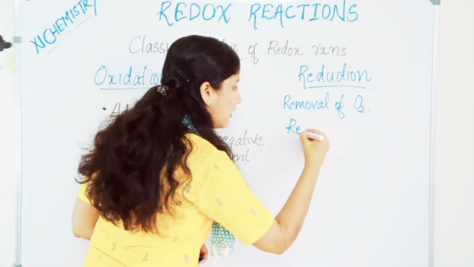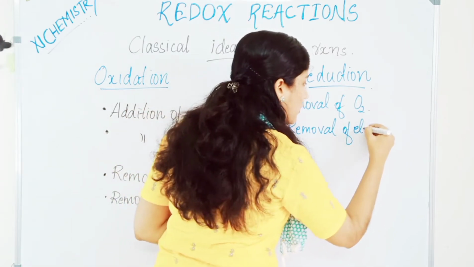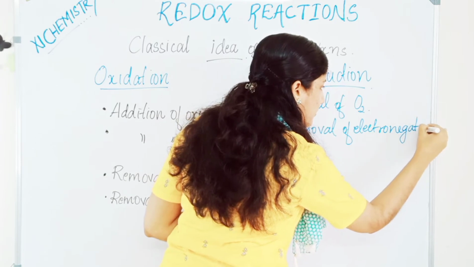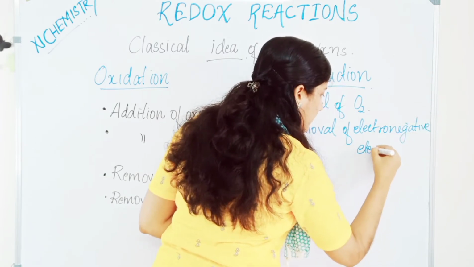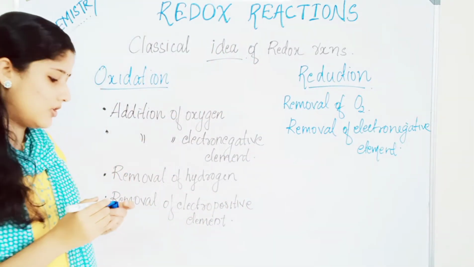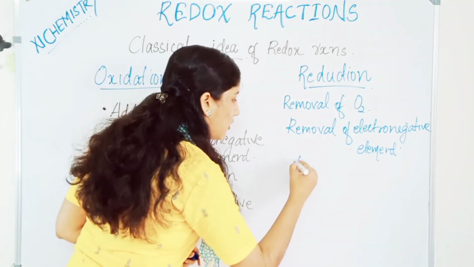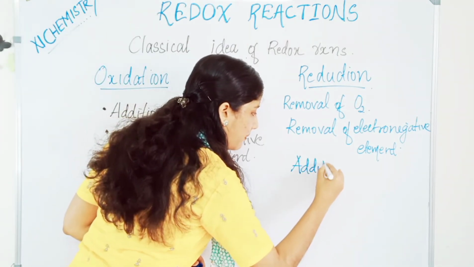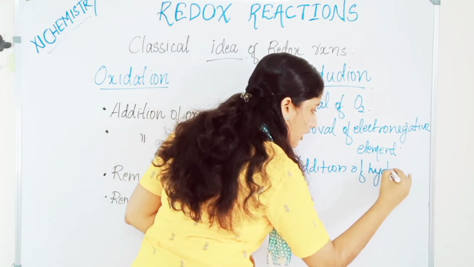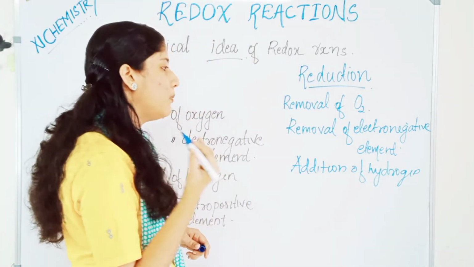Removal of electronegative element, exact opposite. Next, addition of hydrogen. Isn't it? Oxidation is removal of hydrogen. So reduction will be addition of hydrogen. Addition of hydrogen or the addition of an electropositive element.